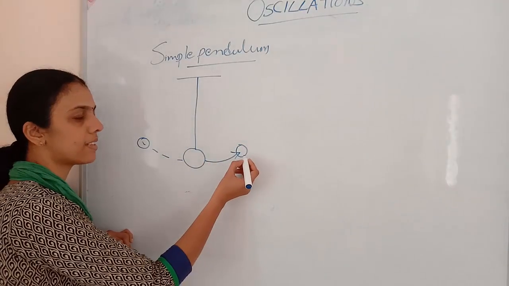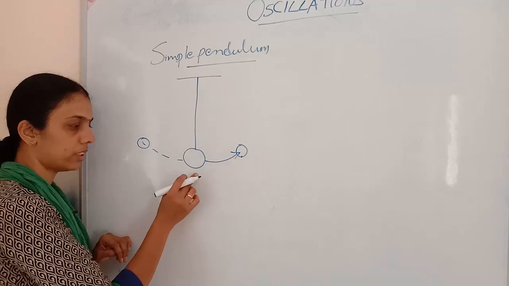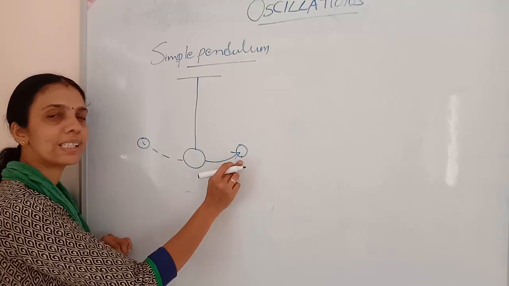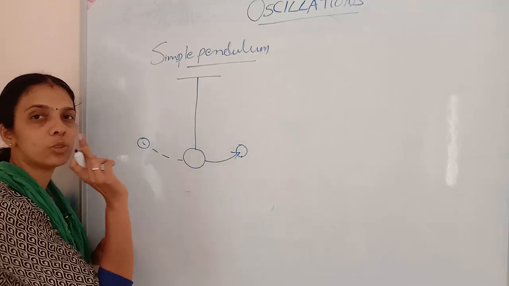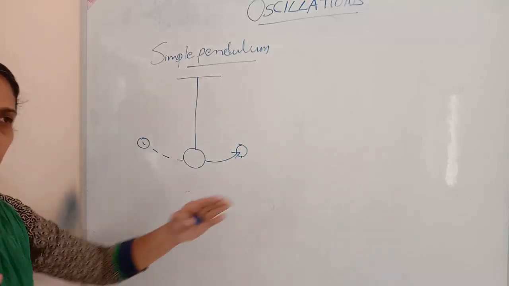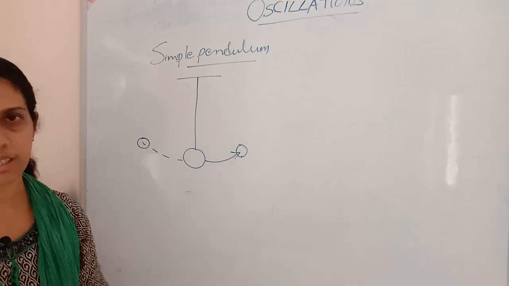It goes from here, comes here, goes to this position, and goes back to the same position. Then it completes one oscillation. Going and coming back, only then it becomes one oscillation.